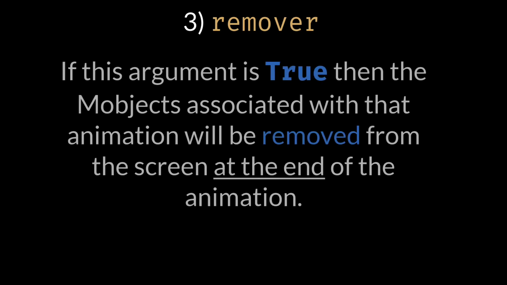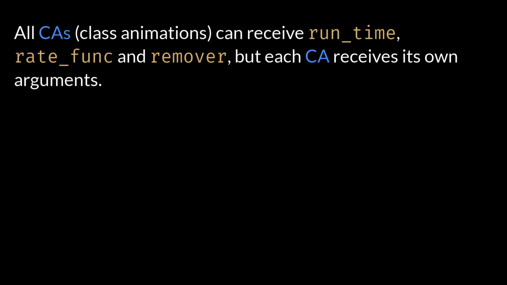Remove. This attribute receives a boolean. If it is true, then the object associated with the animation will be removed from the screen at the end of the animation. Keep in mind that, although all class animations can receive the 3 arguments mentioned above, each class animation receives its own arguments.